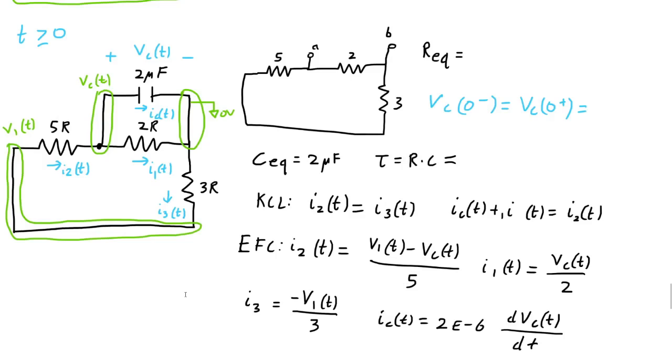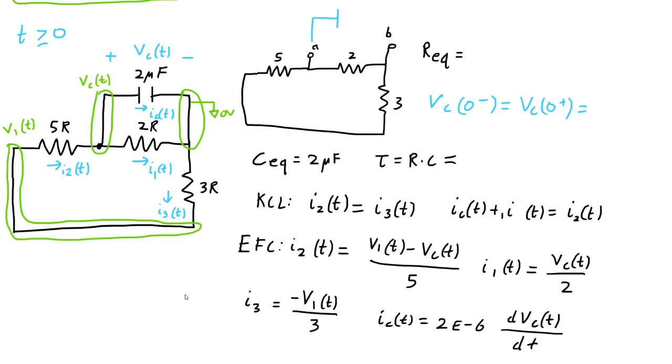Okay, so for the next part of this problem, we're going to have to consider the time greater than or equal to 0, the entire transient for the discharge of this capacitor. So I went ahead and prepared the circuit. They have the same labels they did before. And the first thing we're going to need to do is figure out the time constant.